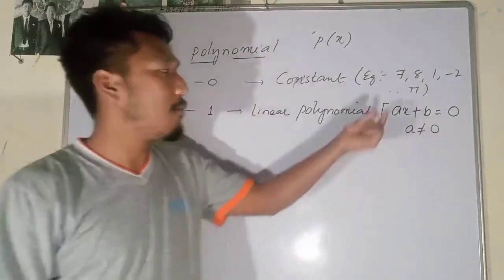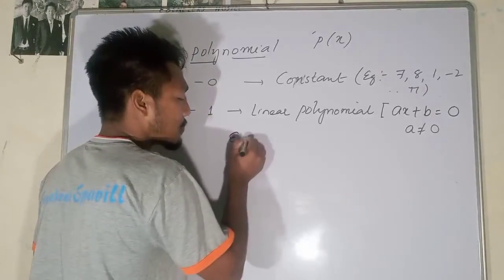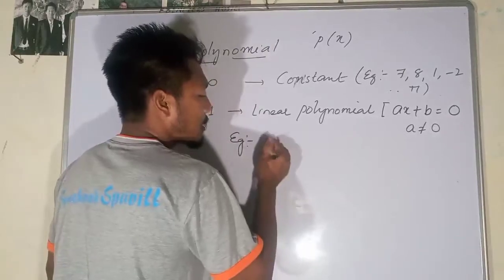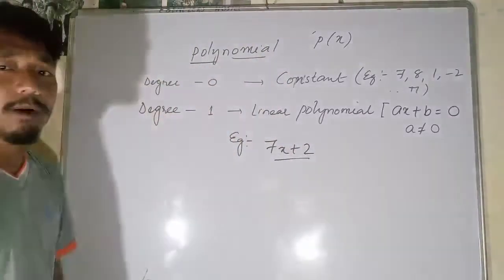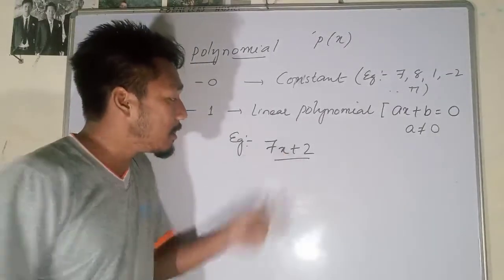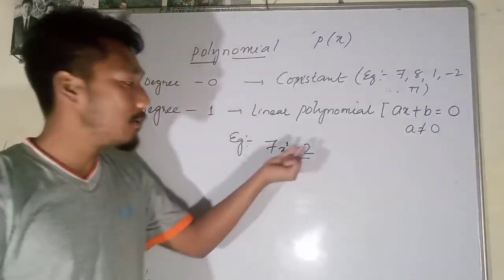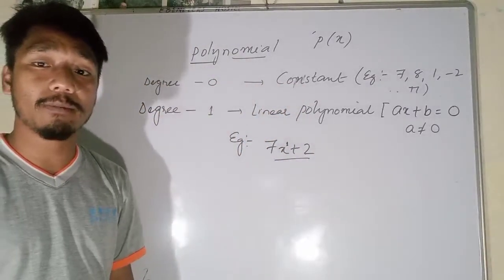For example, 7x plus 2 is also a linear polynomial. Why? The degree here is 1, and 2 is a constant number, and we know a constant number has degree 0.